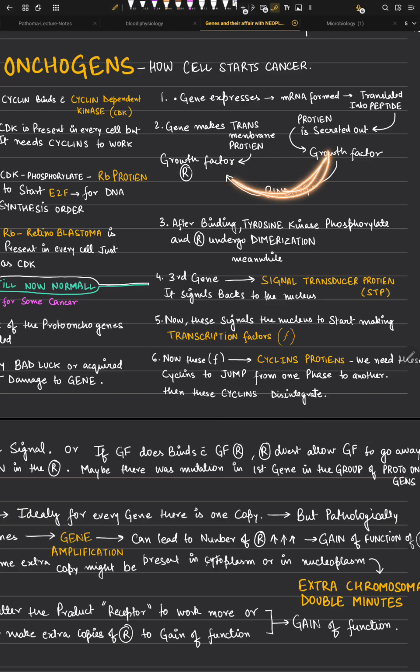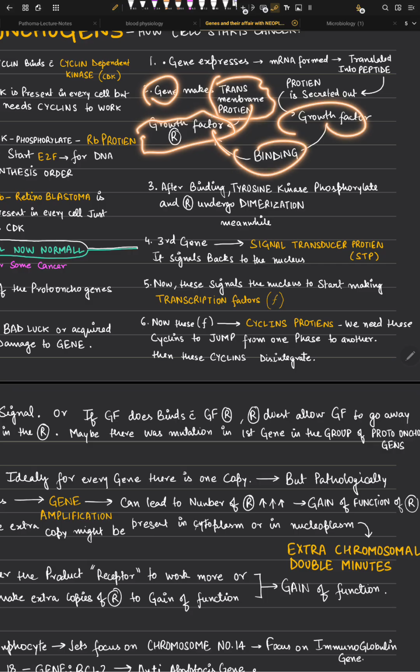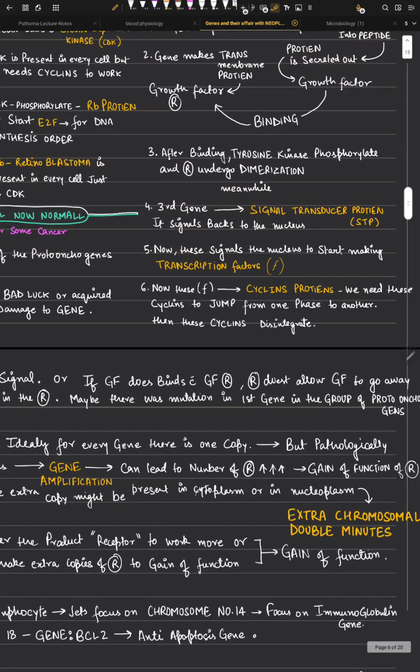So this binding happens. After this binding, the gene makes a transmembrane protein, which makes the growth factor receptor, and then the binding of the growth factor and the receptor happens. After the binding, there is tyrosine kinase.